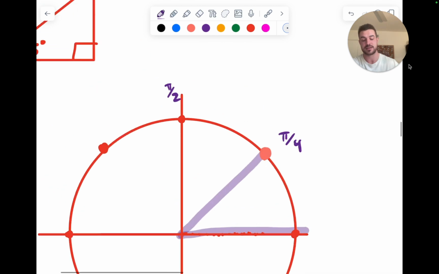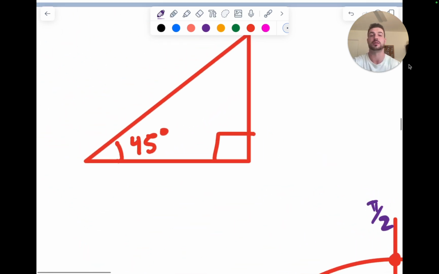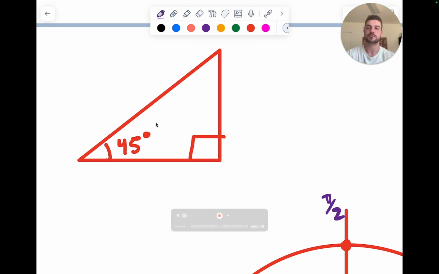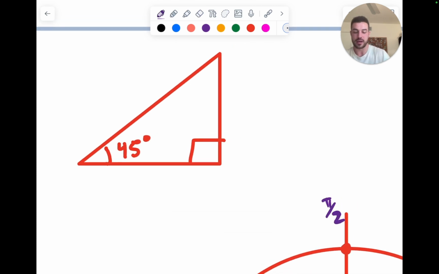The reason is that we know some rules about 45, 45, 90 triangles. These rules, if we don't remember, follow the idea that across from our 45-degree angles, we have a side length of x. And actually, this one's 45 as well, so that makes this side also have a length of x.